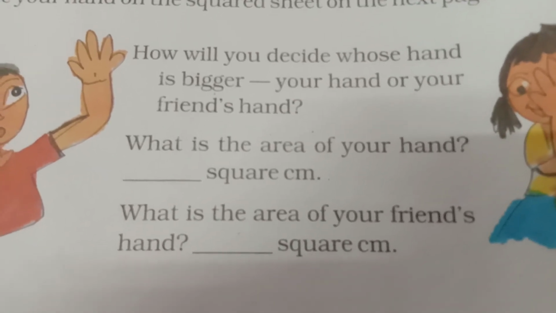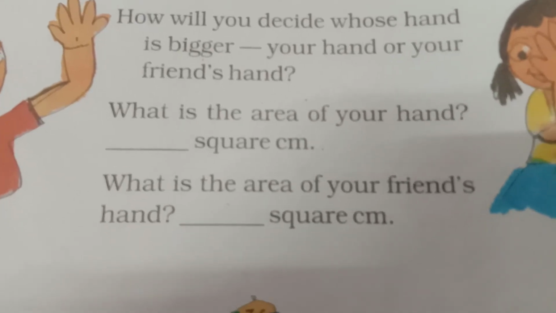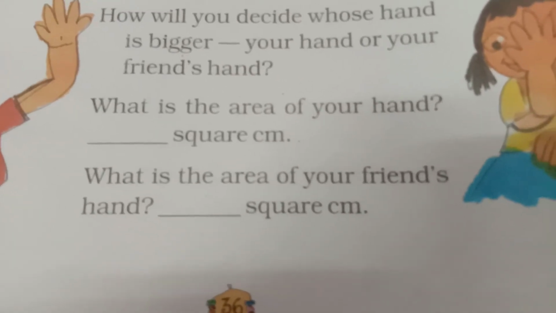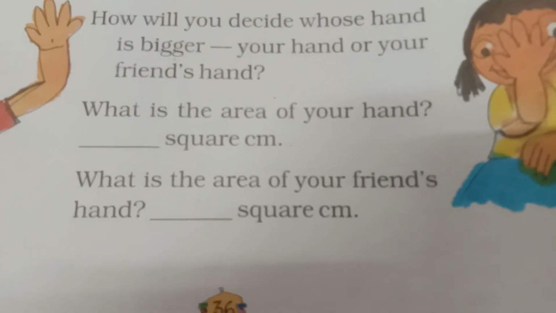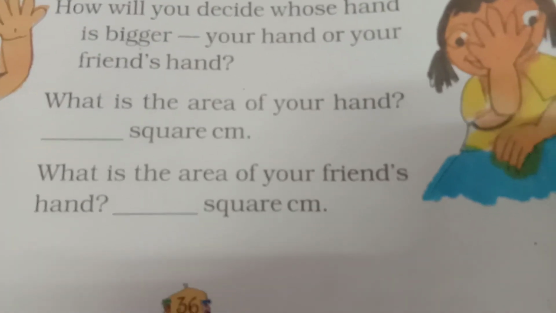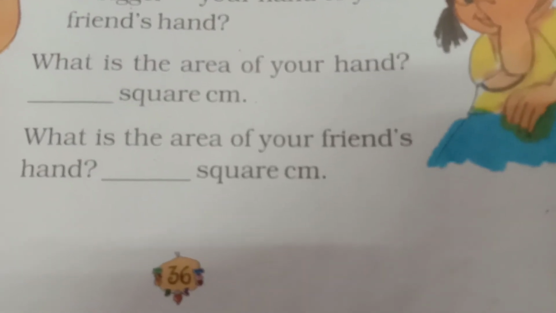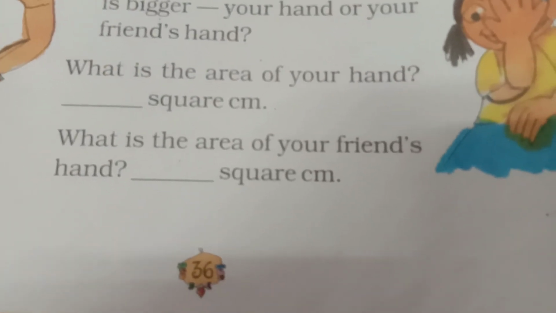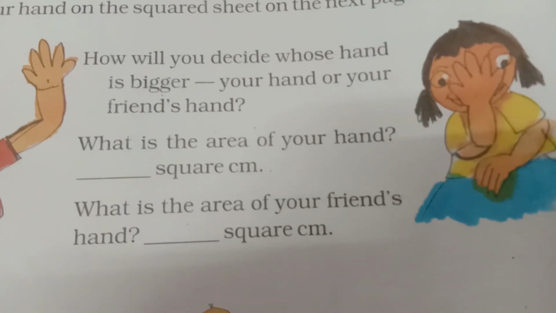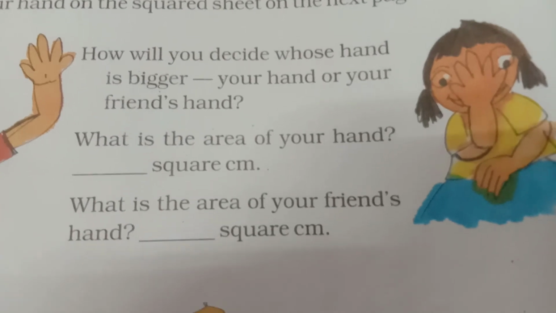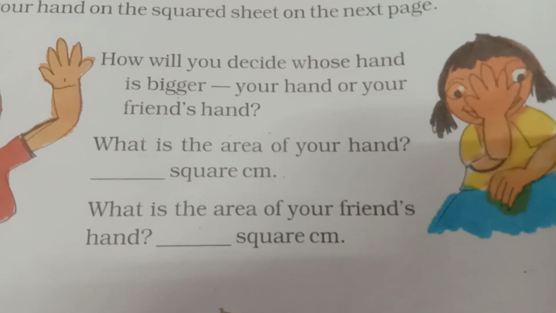So find the area of your hand and write it in the fill in the blank. Similarly, ask your friend to find the area of his hand. What is the area of your friend's hand? Dash square centimeters. Write that area in the blank. Then we can compare which has the larger area.